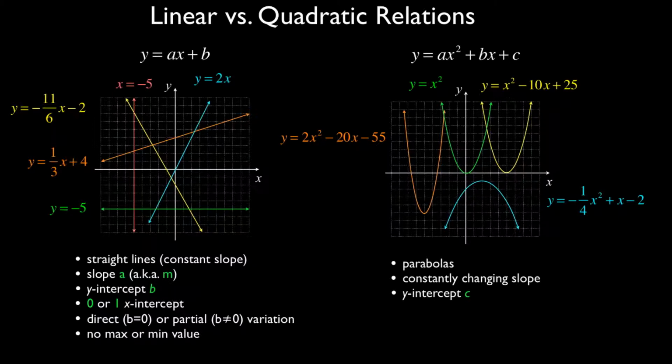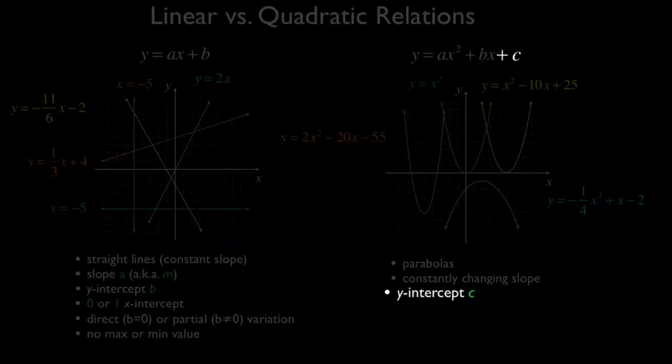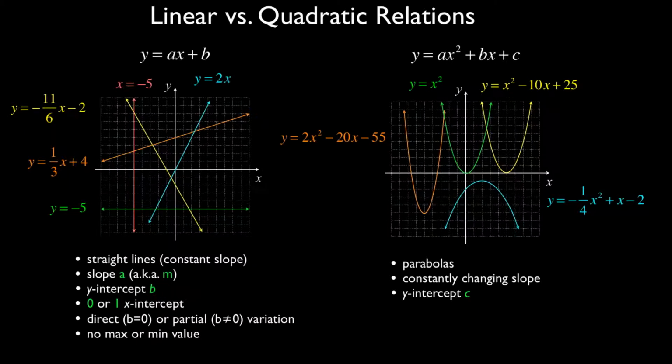We always end up with a y-intercept of c, the c value in the standard form of the equation. I'm excluding any parabolas that are lying down on their sides or tilted, rotated in some way. That's beyond the scope of the course that we're working in. You end up with 0, 1, or 2 x-intercepts, and you can see all the cases there.